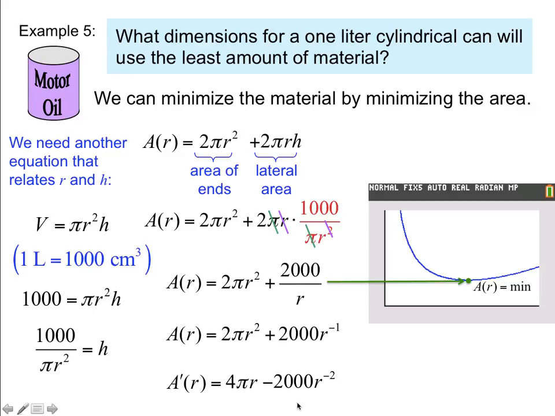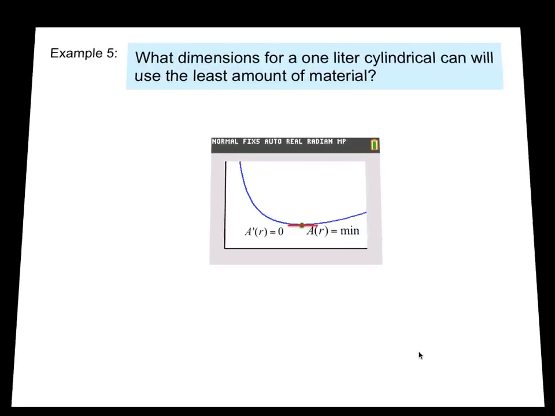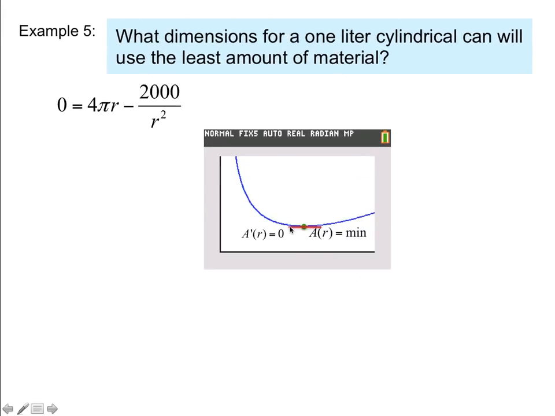So there's my derivative, and I have to set that equal to 0. So I've rewritten my derivative, 4 pi r minus 2,000 over r squared, because that's what negative powers do. They get relocated. And when I set that equal to 0, I'm locating that green point on the graph. So now I have to solve this, and this might look a little daunting, but it's really not that bad. So if we look at solving that, we know that this is the expression to find this horizontal tangent line.